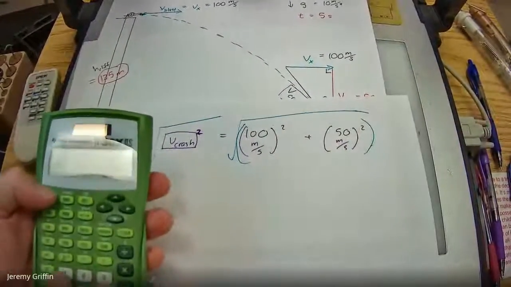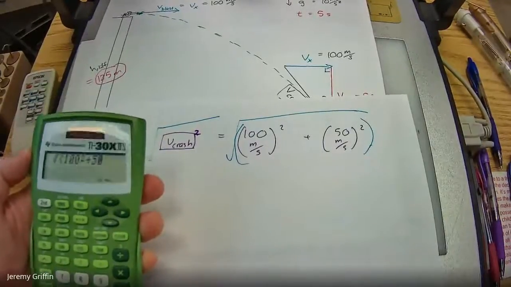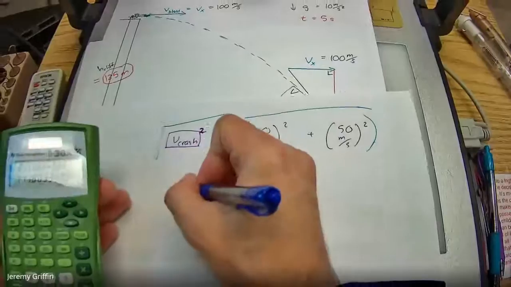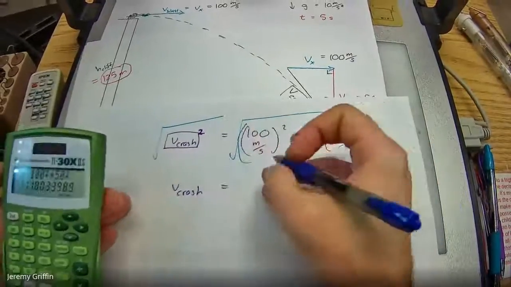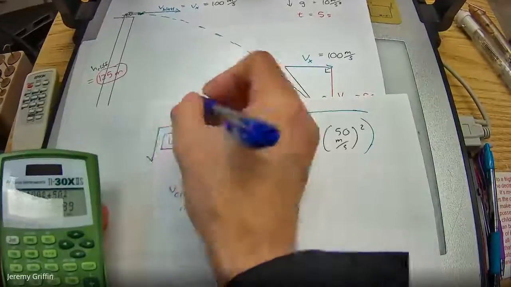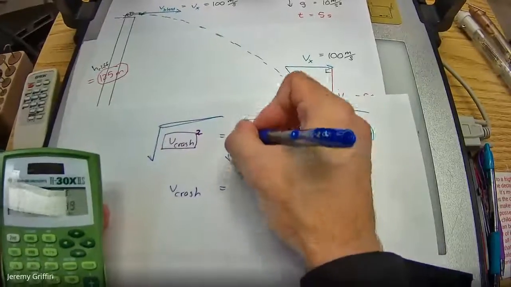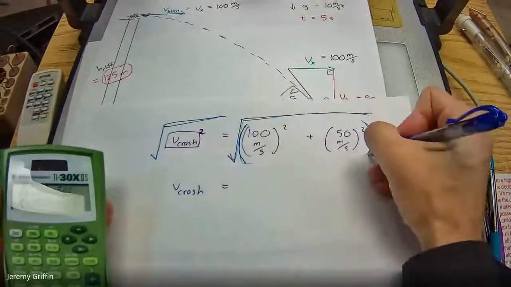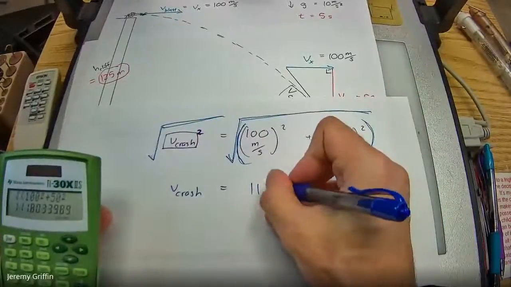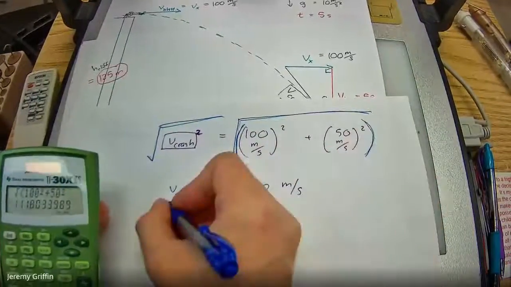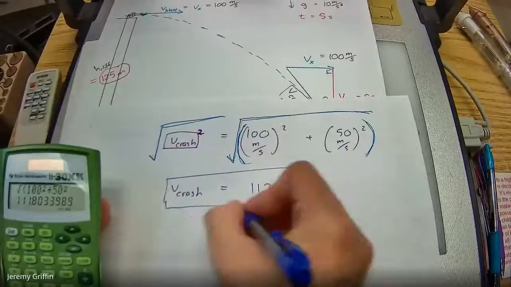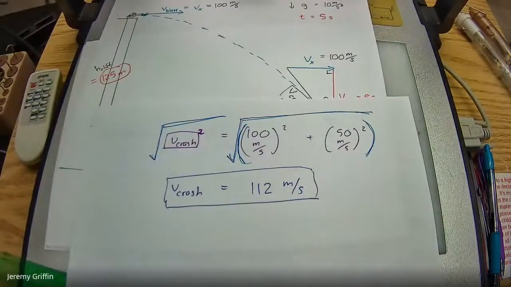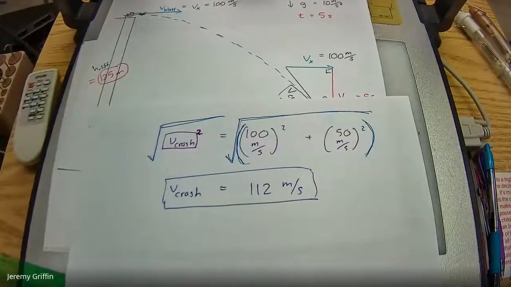Let's see, what is square root of 100 squared plus 50 squared? Looking at V crash, once I do all the square root stuff. Came out to be 112 meters per second. Okay, and that is question number 4. Oh, that's the answer to question number 4. 112 meters per second.